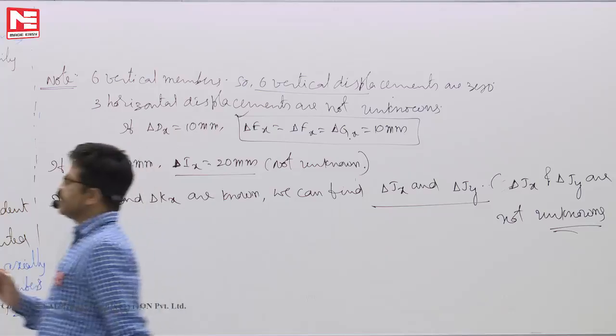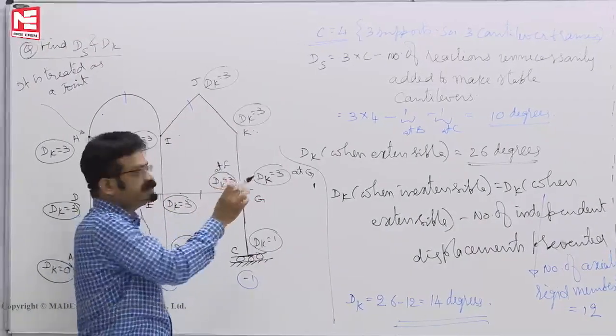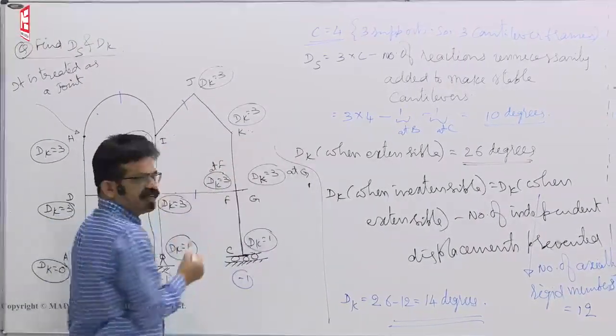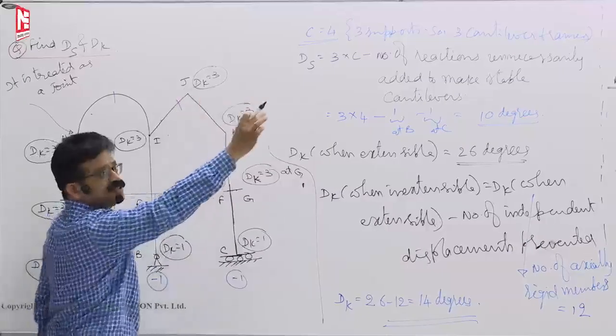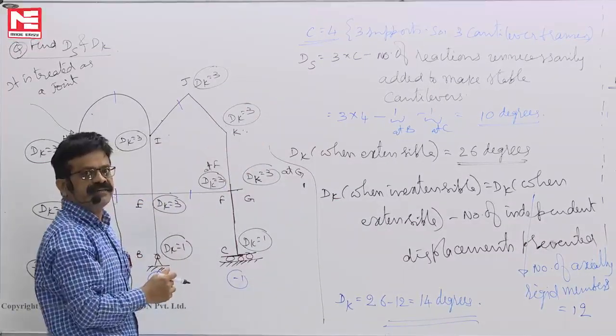From simple geometry, if this displacement is known, this is known, say members are inextensible. This is 5 mm, this is 3 mm. Then j, how much does it move? 5 minus 3 is 2 mm. We can make it directly.